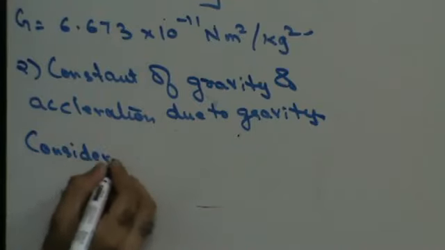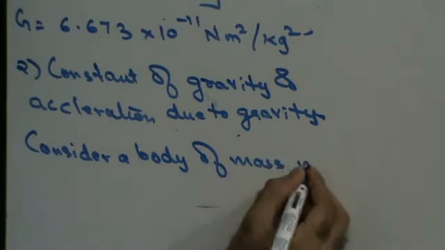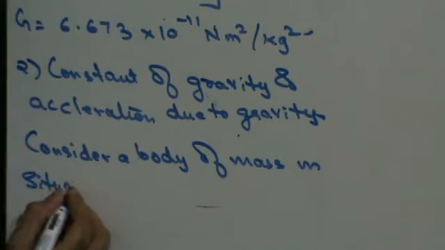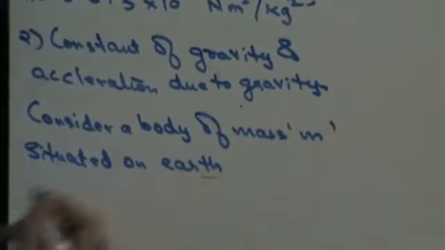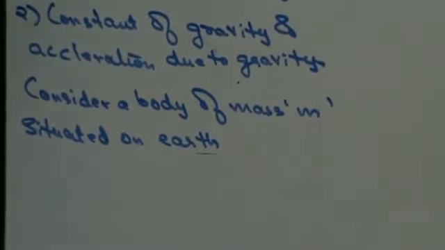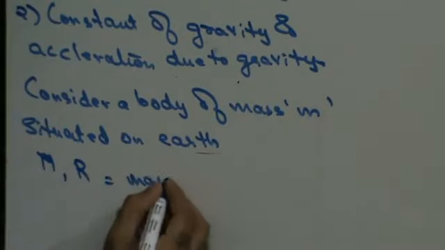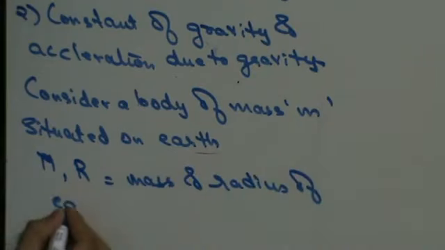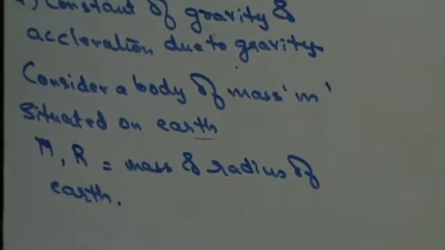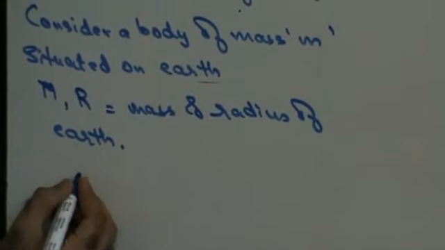Let's assume that capital M and R are the mass and the radius of the Earth. Right? Once I know this, let's also consider that g is the acceleration due to gravity.